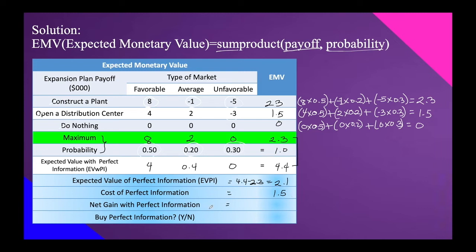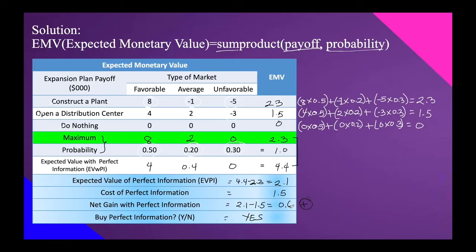So, we have 2.1 minus 1.5, so around 0.6. Since this is positive, ang decision natin should be yes, we will buy the perfect information. Meaning to say it will be beneficial to the company to buy the information from AC Nielsen Corporation. Okay, so nakapag-decide na, yes, bibili natin.